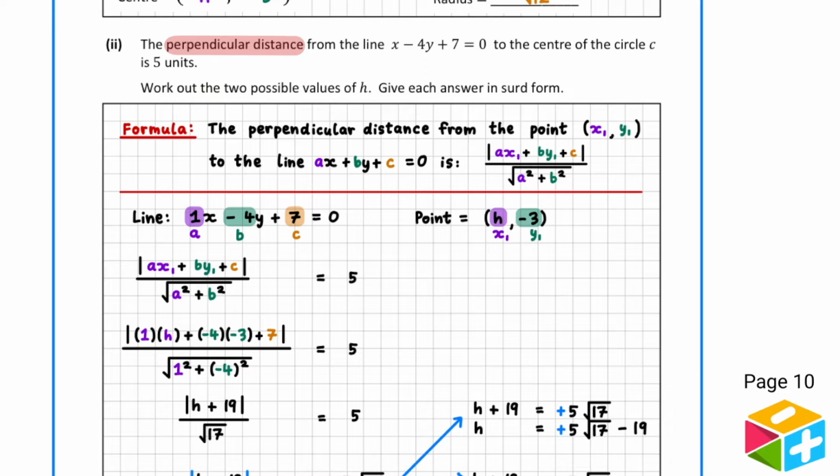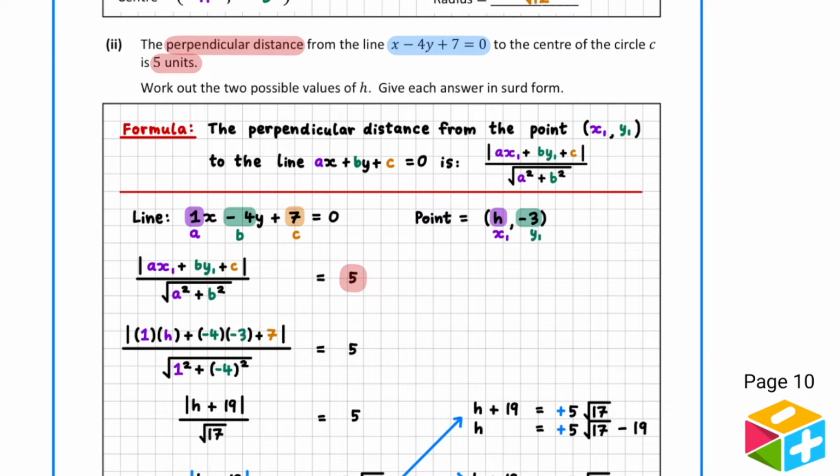There's a result that says the perpendicular distance from the point (x1, y1) to the line ax plus by plus c equal to 0 is the absolute value of ax1 plus by1 plus c divided by the square root of a squared plus b squared. We are told that the perpendicular distance is 5 units, so we should set this expression equal to 5.